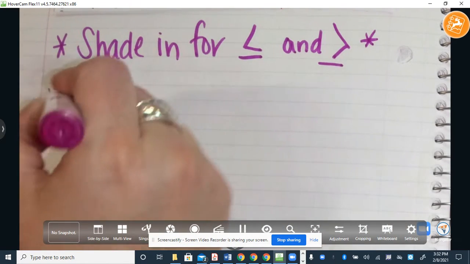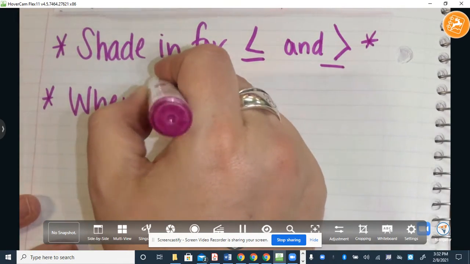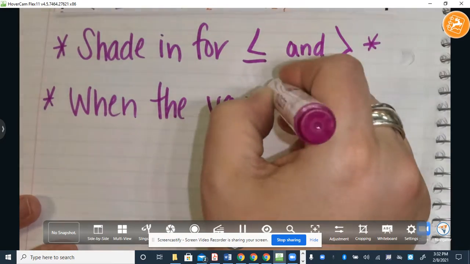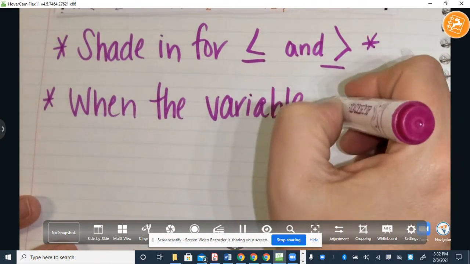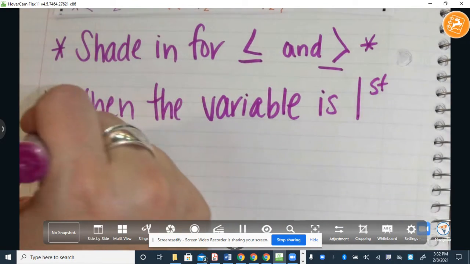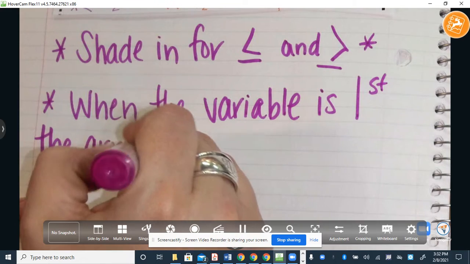Always make sure that when your variable is first, this is very important, variable is first, the arrowhead and the inequality symbol go in the same direction.